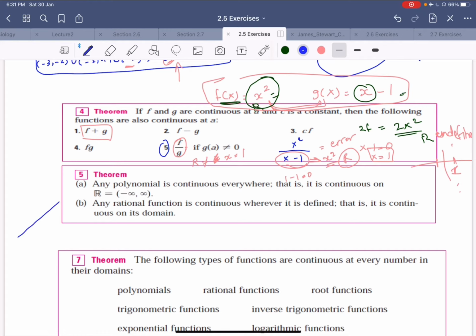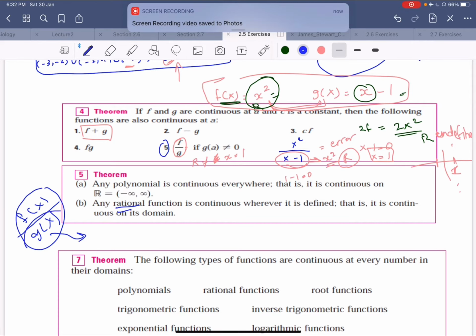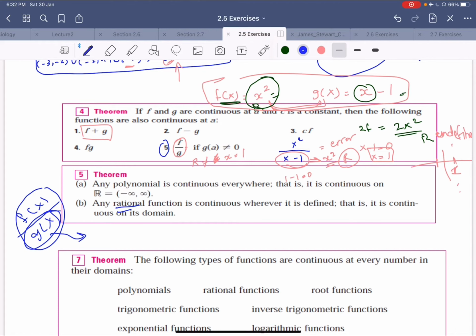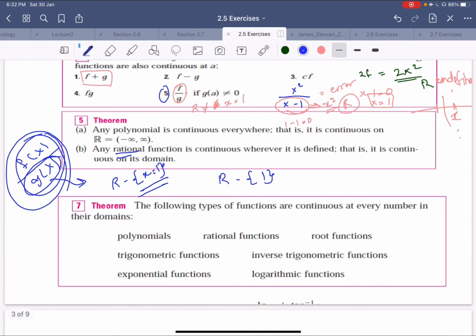So every rational function, as we said, with a numerator and a denominator, say f of x over g of x, would be continuous everywhere except the restrictions of the domain of g of x. For example, if g(x)'s domain is R except x equals 1, then the rational function will be continuous on R except x equals 1.